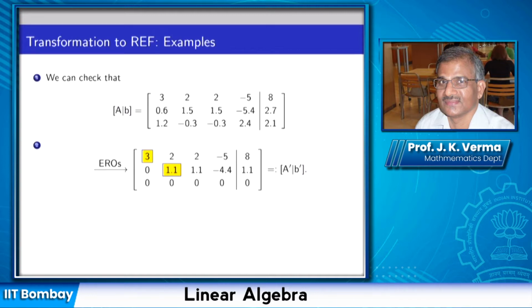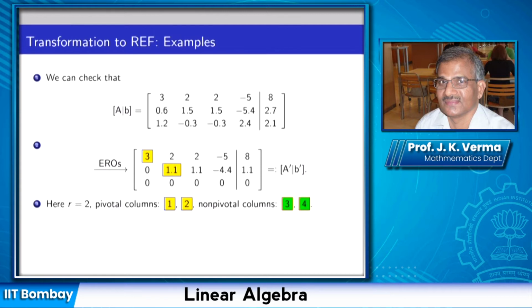Also, the bottom row has only zeros in it. Therefore, this is a consistent system, and the presence of free variables means there are going to be infinitely many solutions. So we do back substitution to find all the solutions.